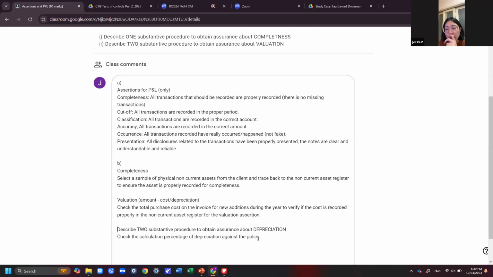What do you want to do here, Con? Are you checking to see if the percentage is consistent with the policy? So probably here we should say verify that the rate of depreciation used for the non-current, for the fixed asset, is consistent with the depreciation policy.